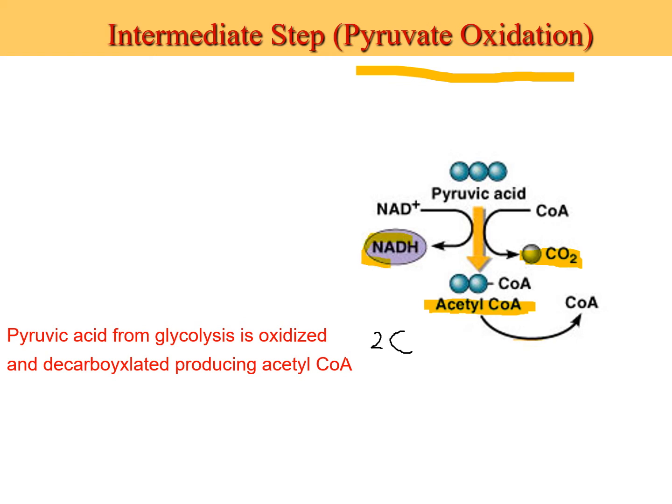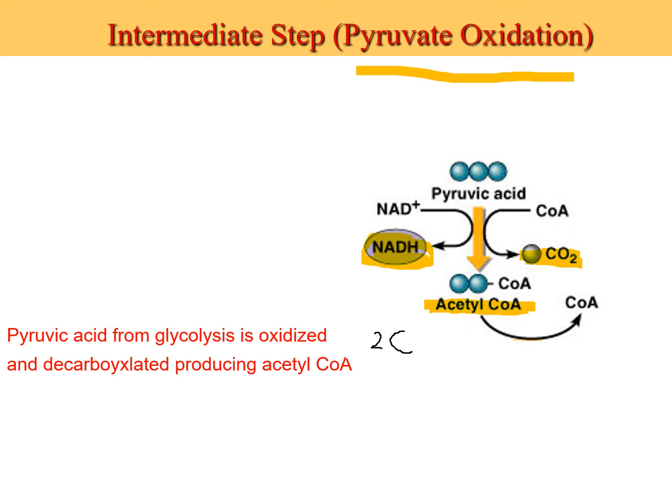And along the way, NADH is also produced. So just to sum things up, first stage was glycolysis, oxidation of glucose to 2 pyruvic acids, and production of NADH and ATP. And the next one was pyruvic acid oxidation, conversion of pyruvic acid to acetyl-CoA, going from a 3-carbon to a 2-carbon.